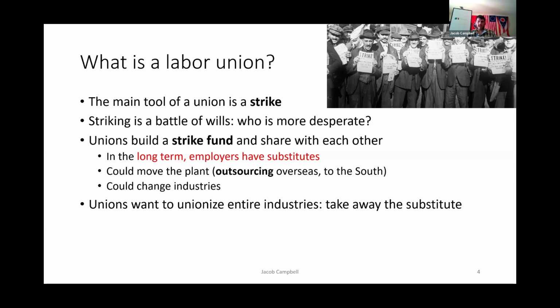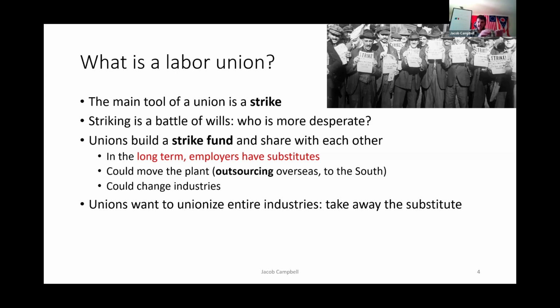But more than anything, the dues are being collected to build up a strike fund, a war chest that when you go on strike, the workers can draw from it to essentially keep getting paid. See, your employer doesn't have to pay you. You go on strike, you're not showing up to work, you're not getting paid for the work you didn't do.